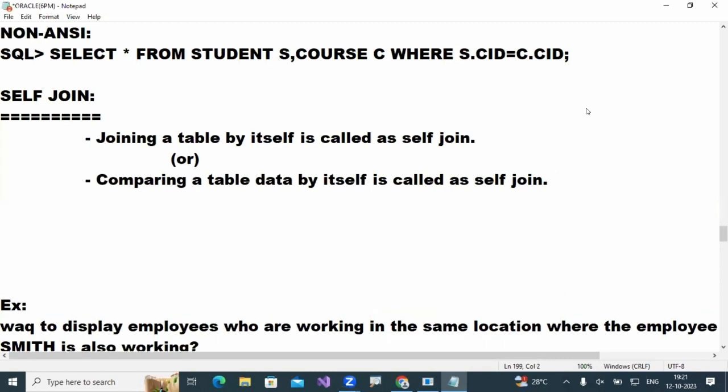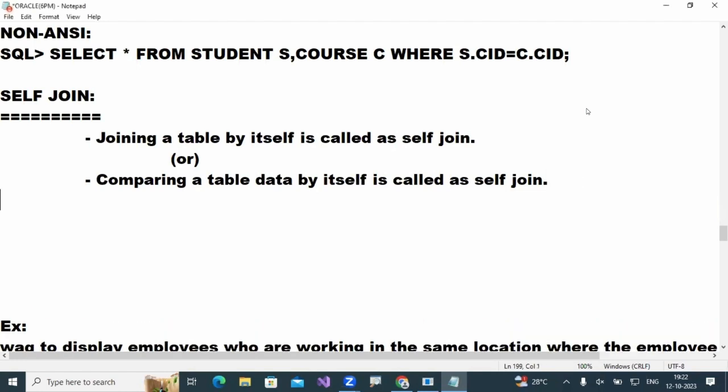This is the definition, and you can give any one of them. The second point is, it can work on how many tables?